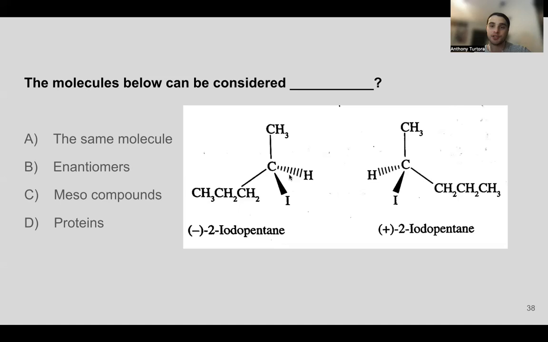That is one way to figure out enantiomers. We also could draw the R and S absolute configurations and see that one is R and the other is S. We will talk about how to do that. And these are not proteins because they are not peptide chains. So again, we have B as our answer here.